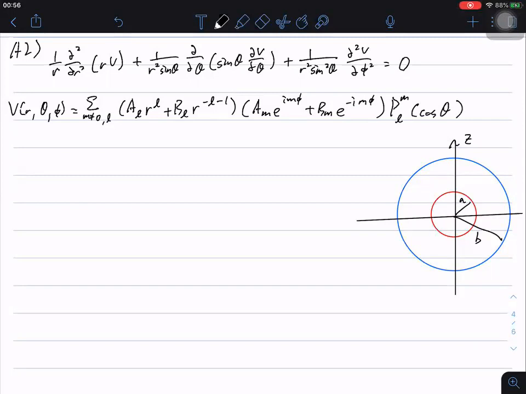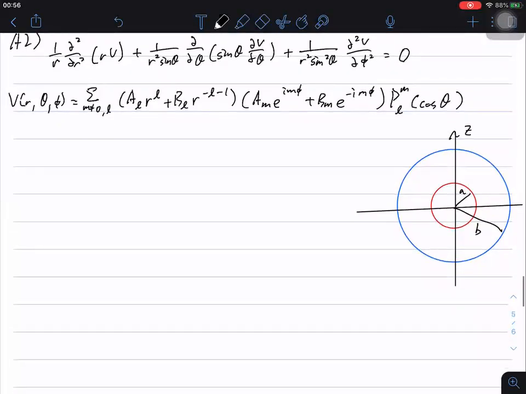And since this equation is azimuthally symmetric, which means that the configuration is independent of phi.